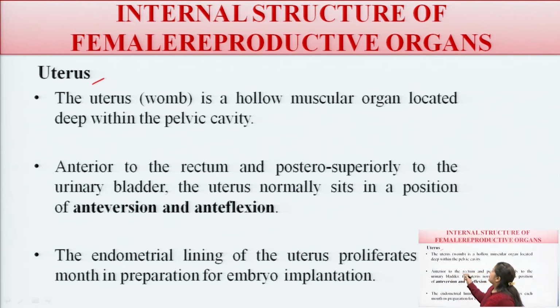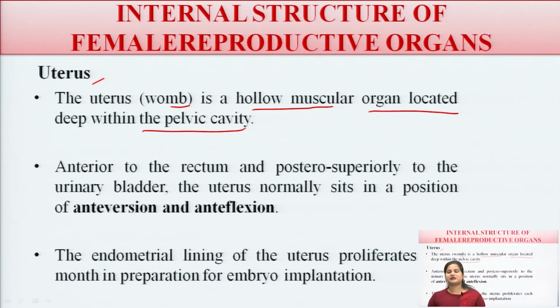The uterus, or the womb, is a hollow muscular organ located deep within the pelvic cavity, anterior to the rectum and posterior-superior to the urinary bladder.